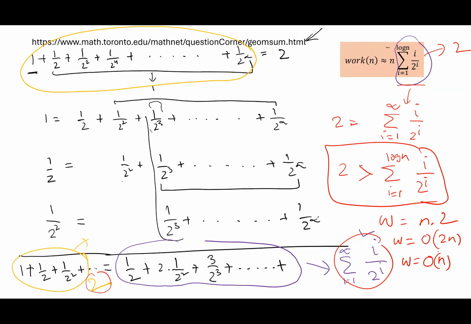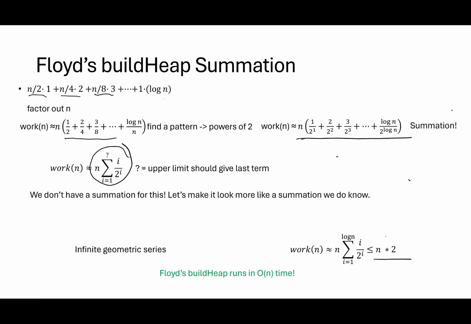Okay? So if I go back to my previous slide, you see the total amount of work is actually less than 2n. That means Floyd's build heap runs in order of n time. This is a spectacular algorithm.